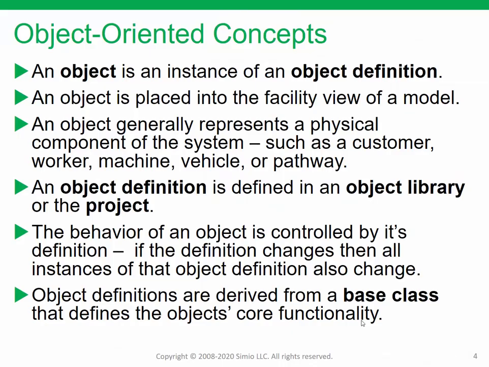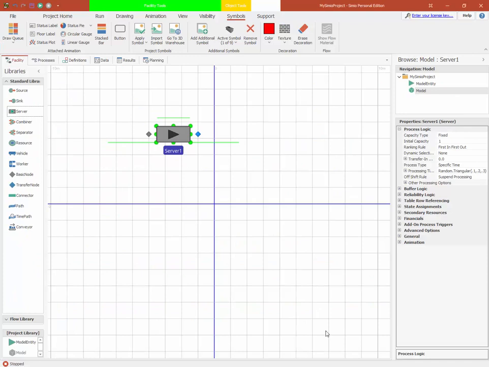Back to our slide, the object is an instance of an object definition, and it's placed in the facility view of a model. Note that in the Introduction to Simio module, we also talked about this so-called family of Simio objects. We have an object definition, shown here for the server object.